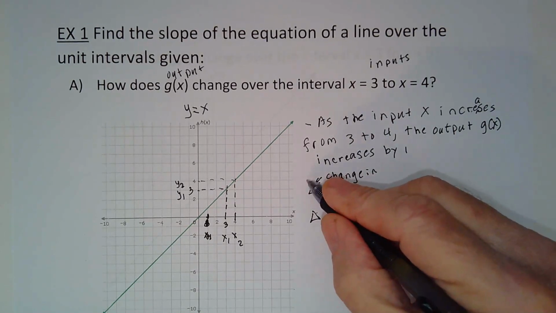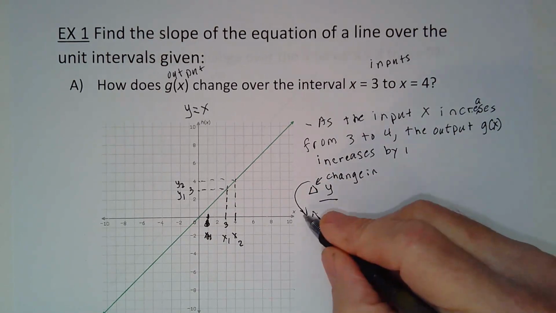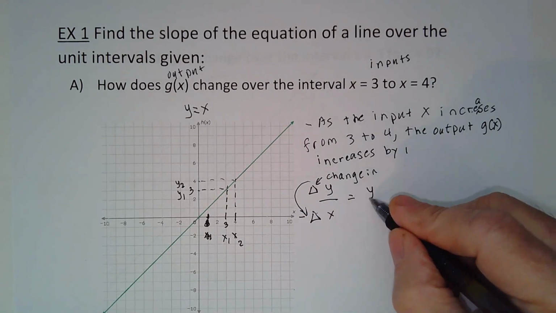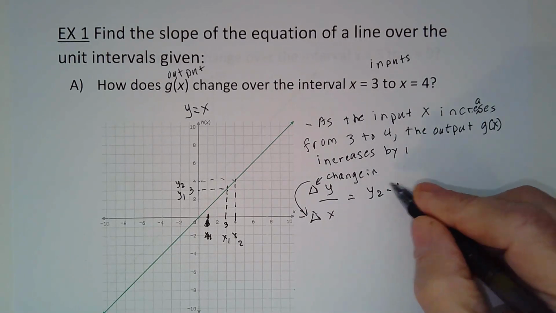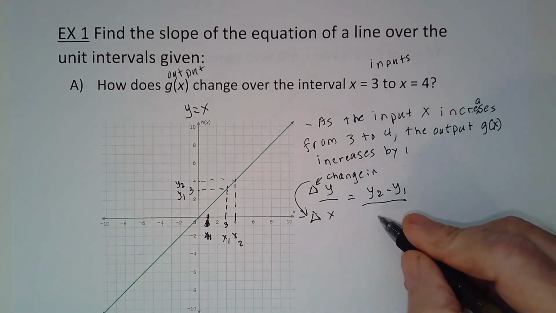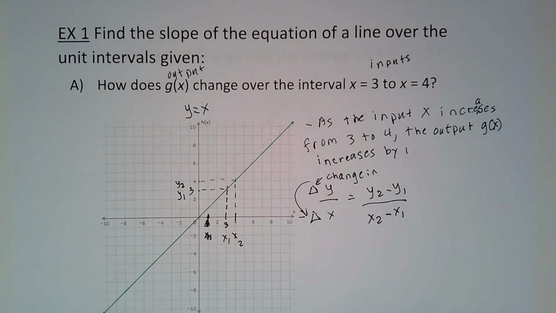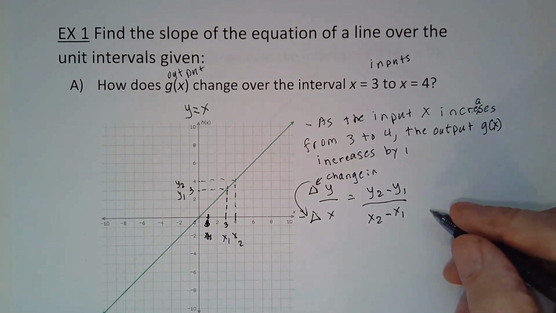So that's also the same, of course, down here, change in. All right, and that equals your y2 minus your y1, that's the change in y, over your change in x, which is your x2 minus x1.